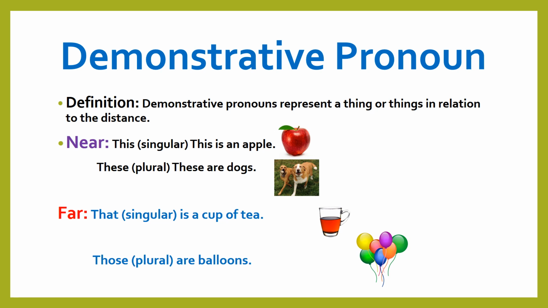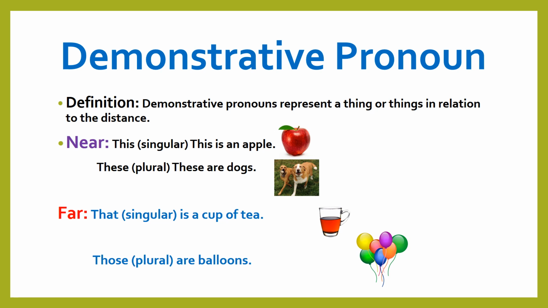That is a demonstrative pronoun that is used for things which are far from you, not near to you. Like you can say that is a cup of tea. So that is singular. Cup of tea is a singular item, so you are talking about a single cup of tea, and you are using the pronoun that.